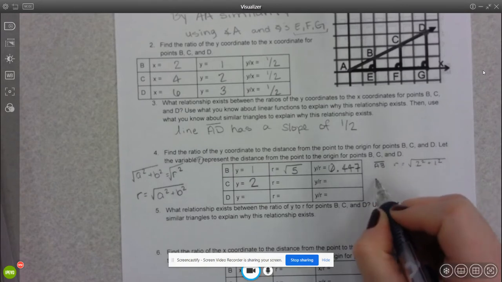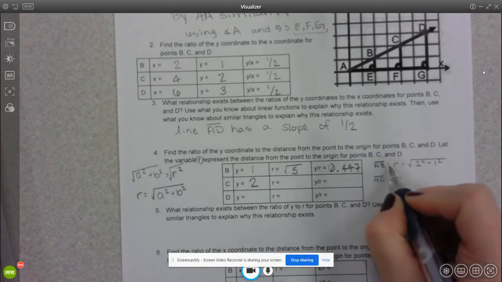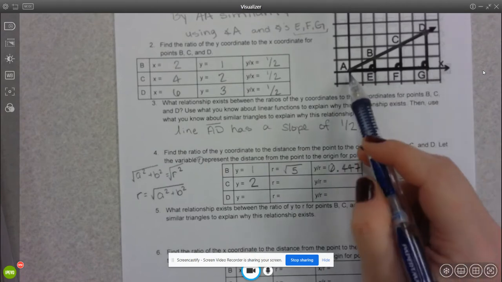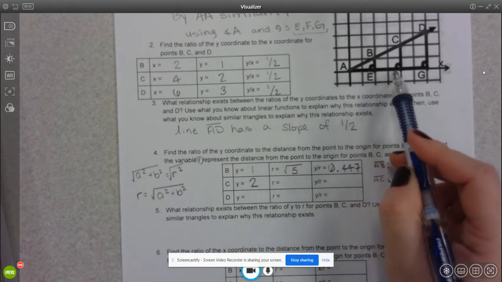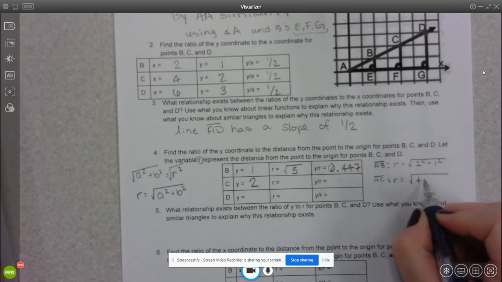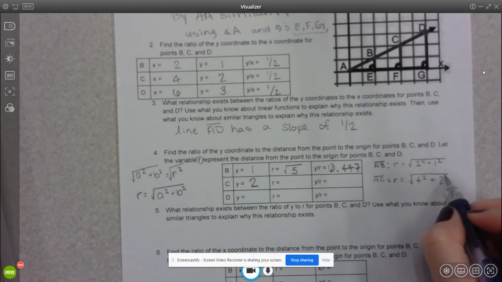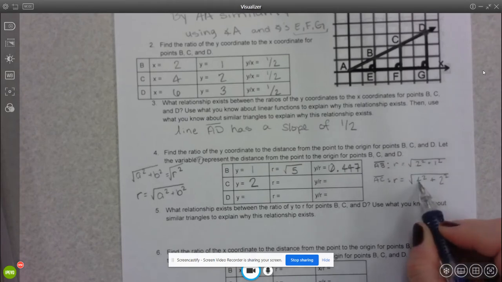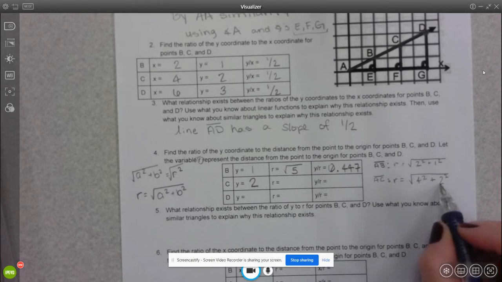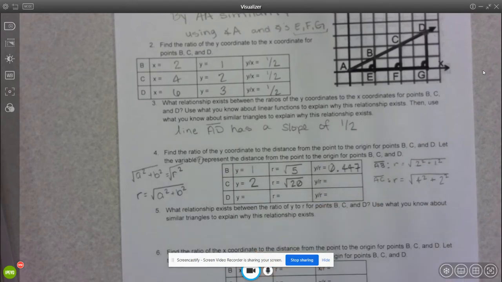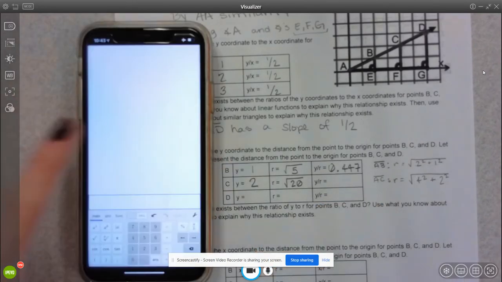So to find AC, our R value is going to be the square root of 4 squared plus this side, which was 2. 4 squared is 16. 2 squared is 4. So 16 plus 4 is going to give me the square root of 20.